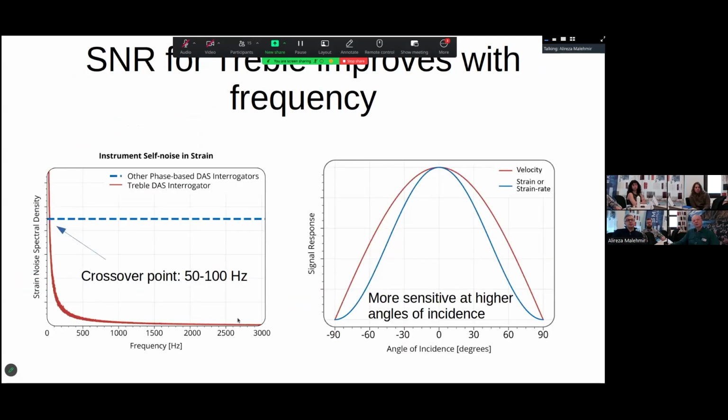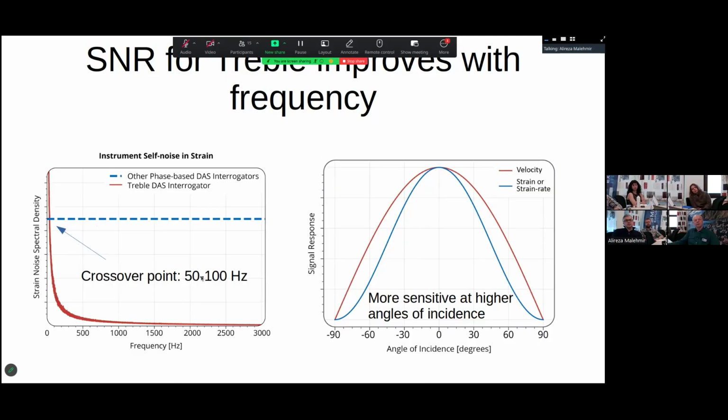So what price do we pay for doing this? Well, we're not very good at recording low frequencies with the Terra 15. This is a signal to noise ratio which is fairly constant for phase-based interrogators. For the Terra 15 interrogator, there's a very high noise level at frequencies below somewhere around 50 to 100 hertz.